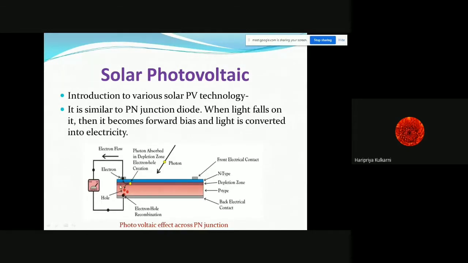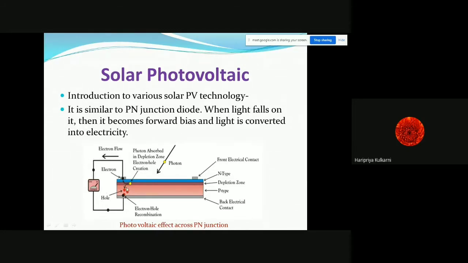It is sensitive to the light effect. Whenever light falls on a PN junction, and it is sufficient to break the depletion layer, then free electrons can move from one layer to the other and current starts flowing. Here we are connecting it to an external load.